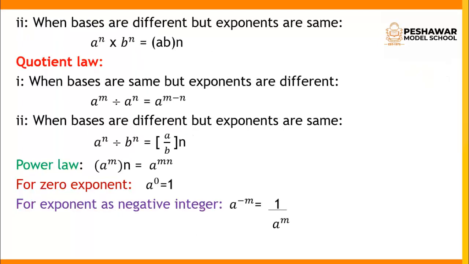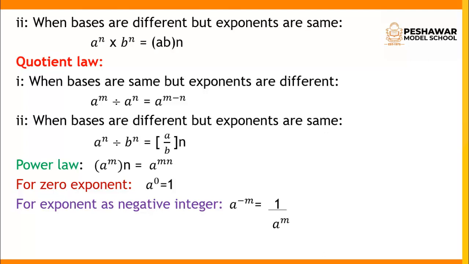Now come to the second condition, when bases are different but the exponents are same. So what can we do? a power n multiplied by b power n is equal to, we have to multiply their bases, a multiplied by b, that is ab whole power n.